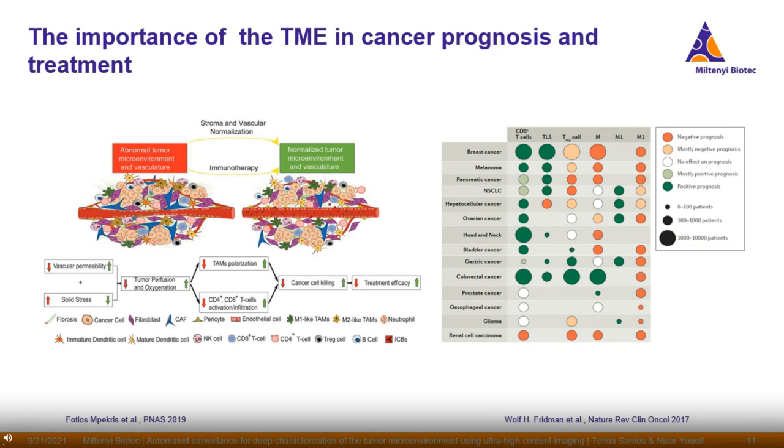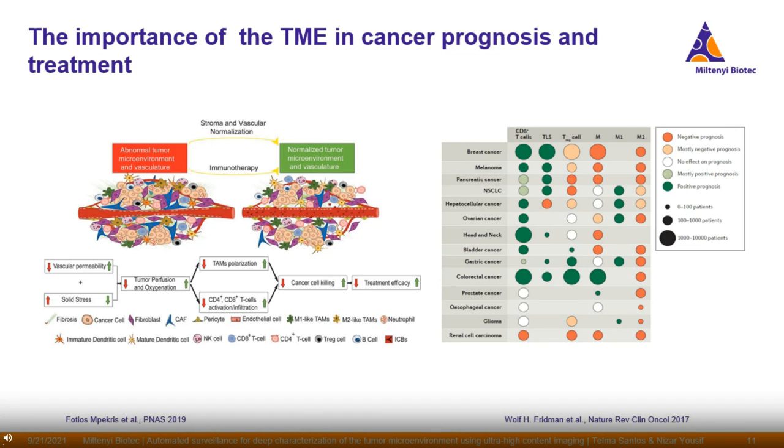So the biological processes occurring in the tumor microenvironment play an important role in tumor development and do affect the clinical outcomes of cancer patients. In this table on the right, you see the effects of the immune infiltrate on the prognosis of patients with cancer.